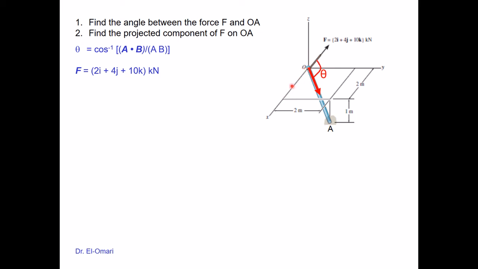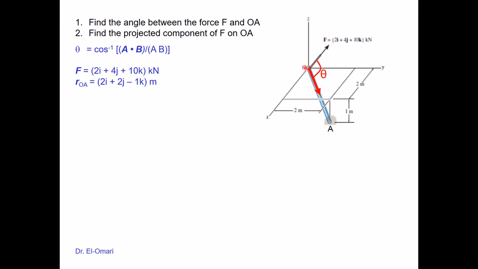So we move positive 2i, then a positive direction of y, positive 2j, and then a negative direction of z, minus 1k, 1 meter. So we can write the position vector in this form: 2i, 2j, and minus 1k.